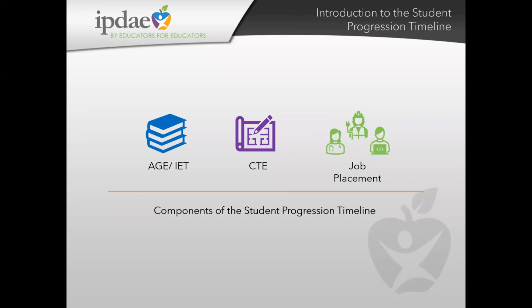And I'm going to elaborate a little bit more on this a little later in the presentation as we discuss the role of adult educators and the role of career and technical educators, and how in order to successfully implement IET, they're going to have to collaborate together as they develop this single set of learning objectives. And the reason that collaboration is really important is because adult education and career and technical education use two different curriculum frameworks.